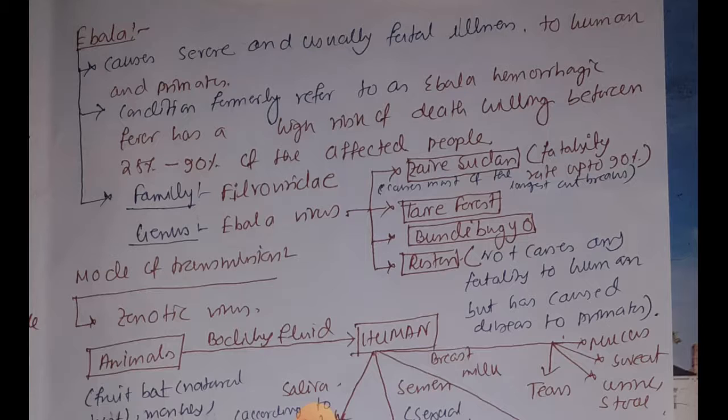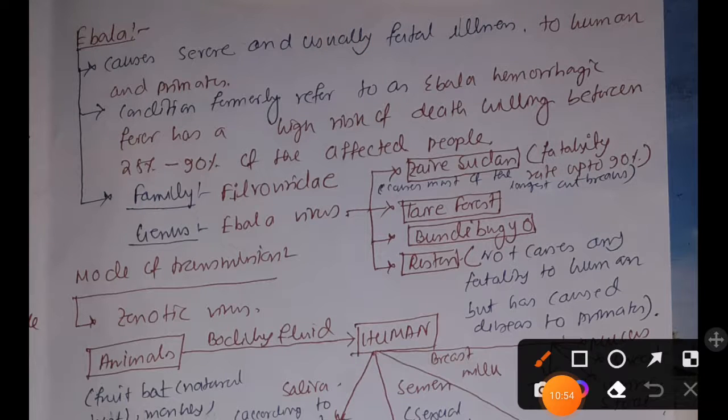So in Ebola virus we have learned that Ebola virus disease is a serious and fatal illness caused by Ebola virus, and it usually occurs in humans and primates. Ebola virus infection, previously known as Ebola hemorrhagic fever, has a very high death rate. 25 to 90% of affected people die because of that condition.